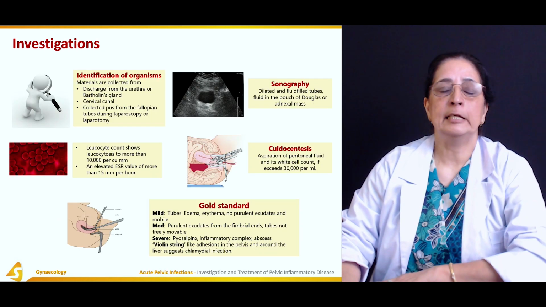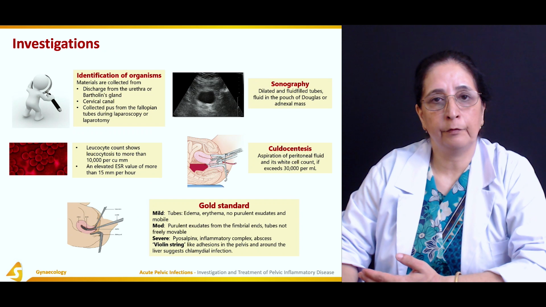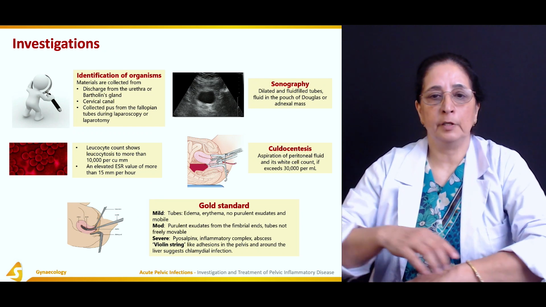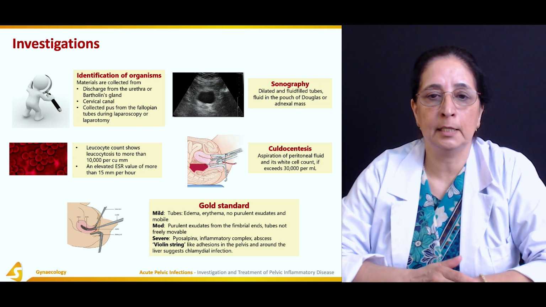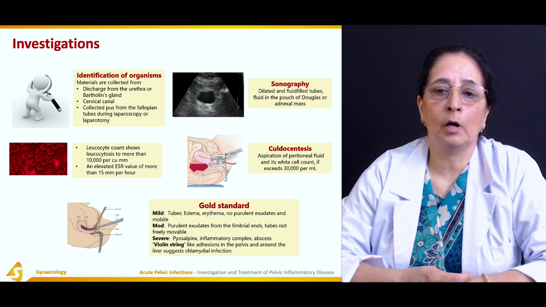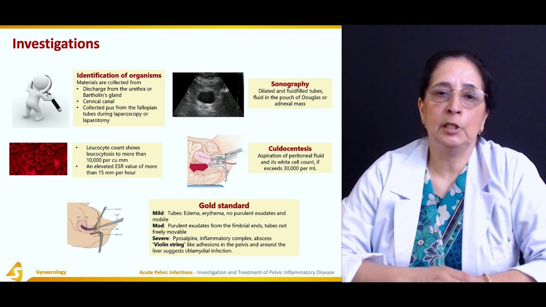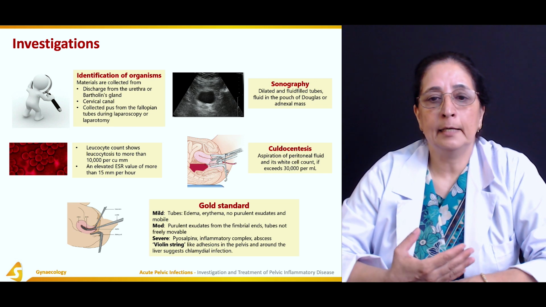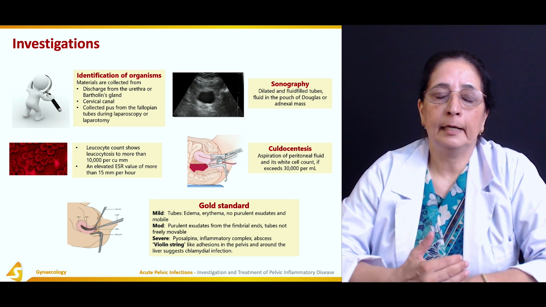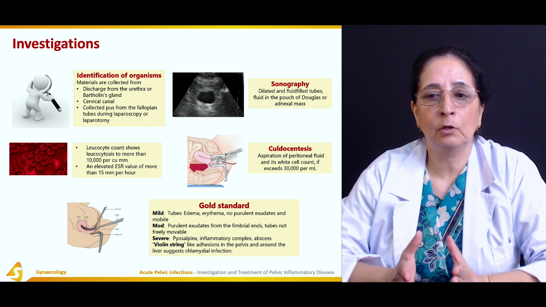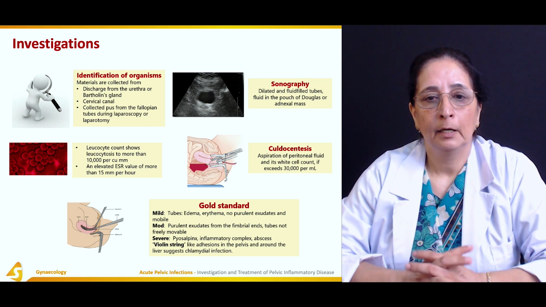Then some investigations that can be performed for the diagnosis of pelvic inflammatory disease. First is the identification of the microorganism, usually performed by collection of a specimen and then a smear that can detect the microorganism that can cause the disease.